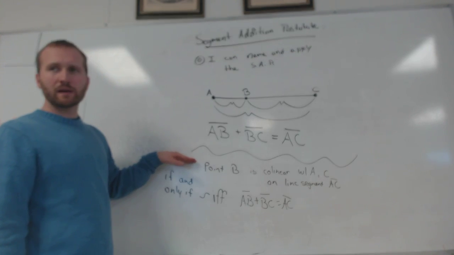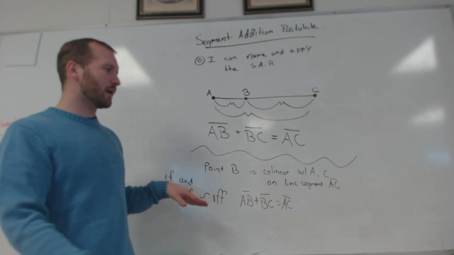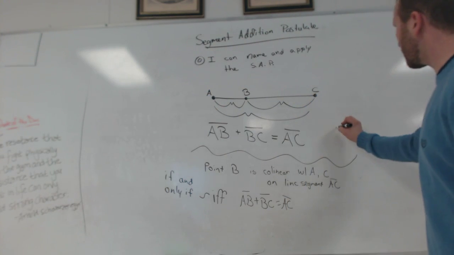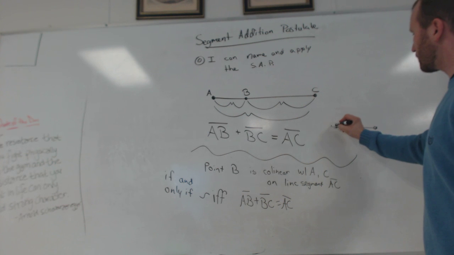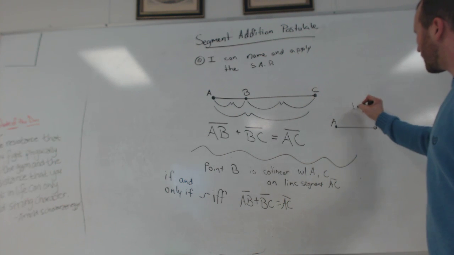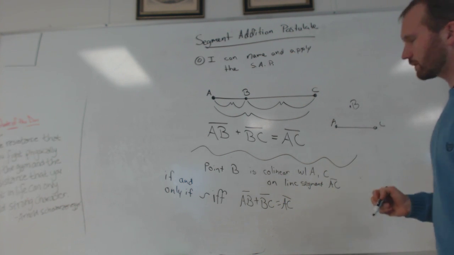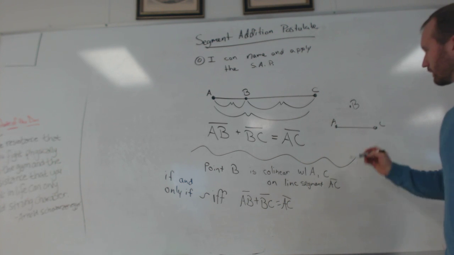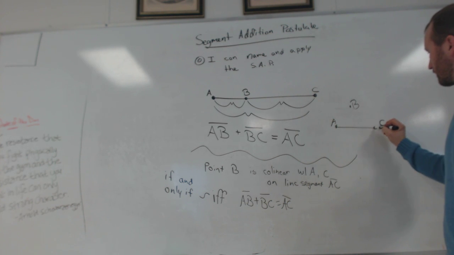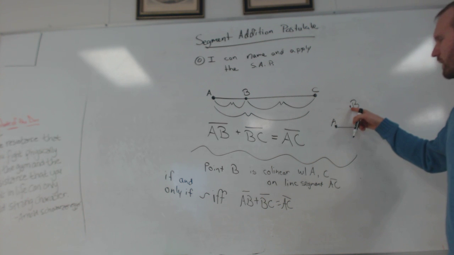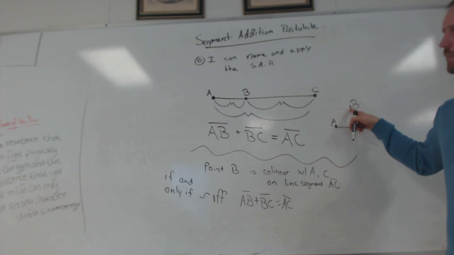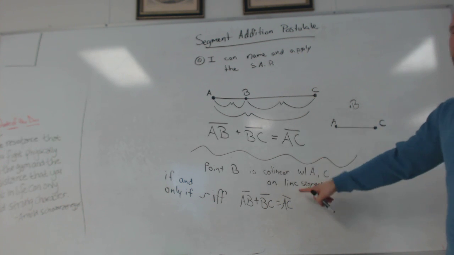And I think the meaning of this becomes clearer if I draw another diagram, like if I draw this. Here's AC, and here's point B. Right? Point B is way up here. This is a counterexample.